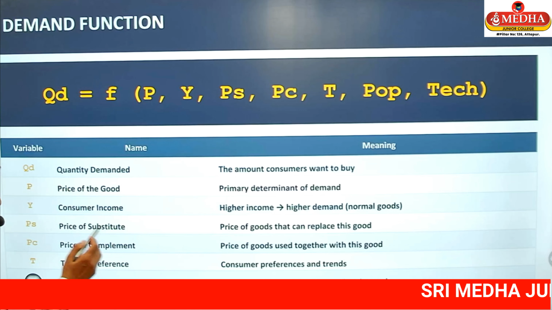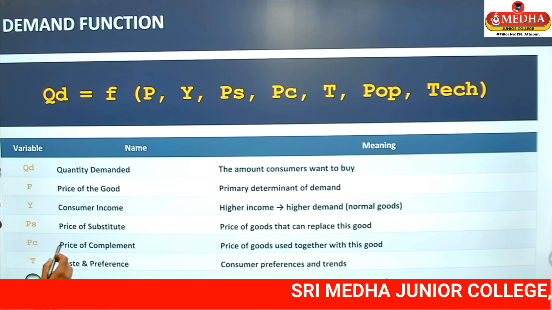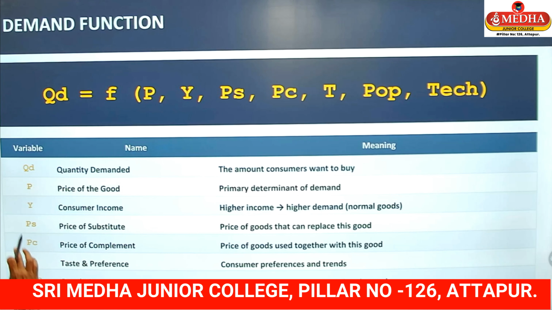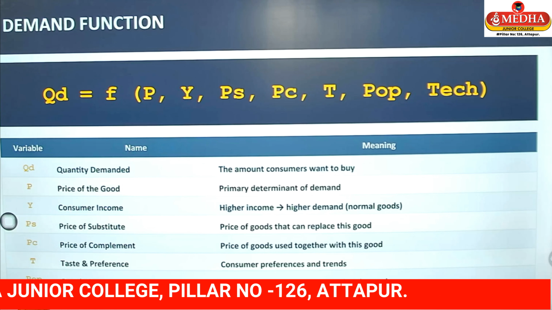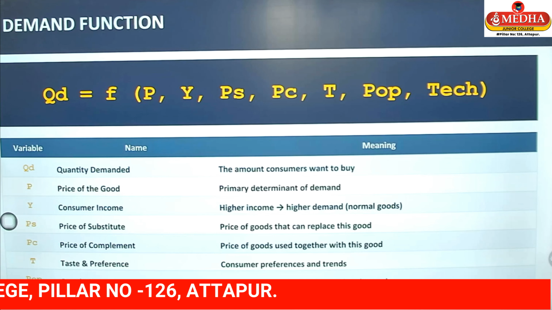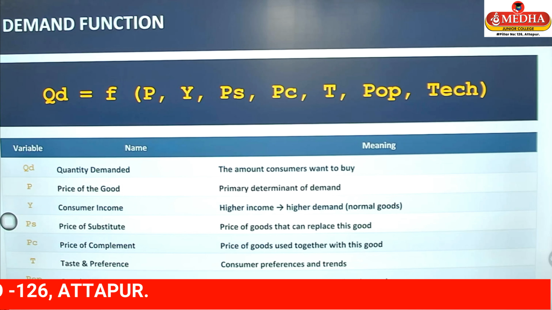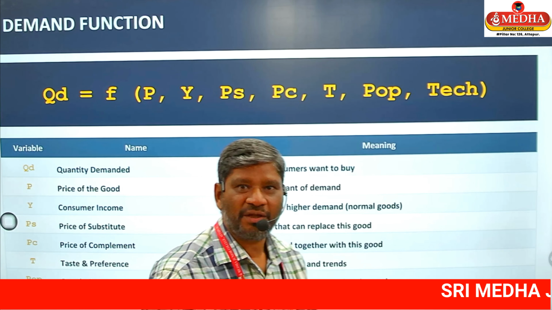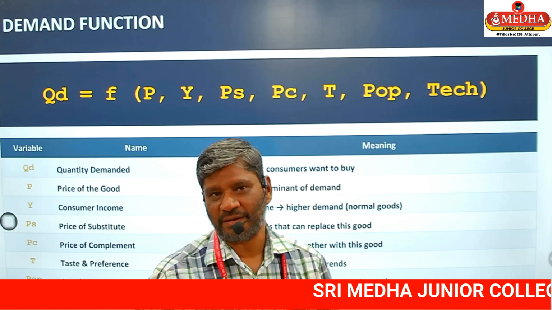PSC is called price of substitutes. PC is called price of complementaries. T means taste and preference. POP is called population. Tech is called technology. These are all factors that influence the demand.